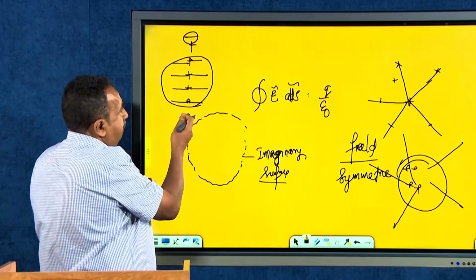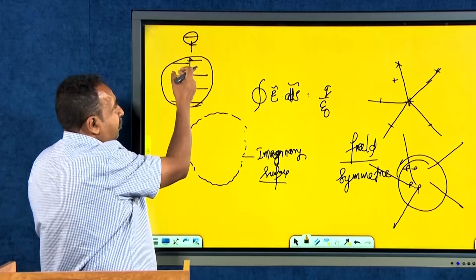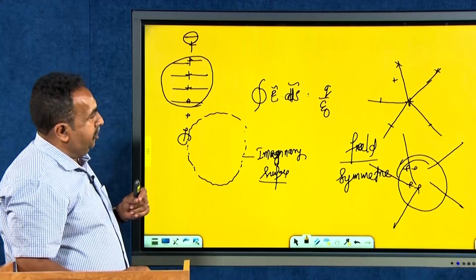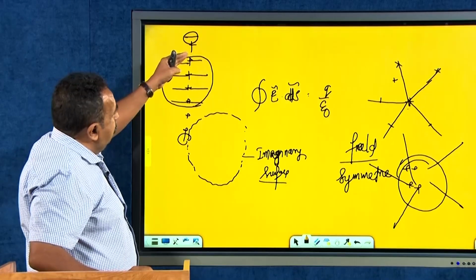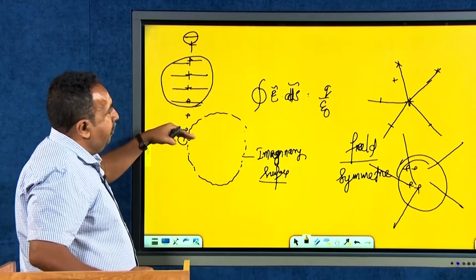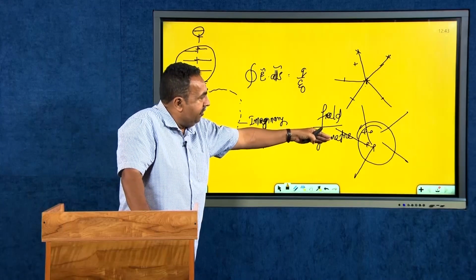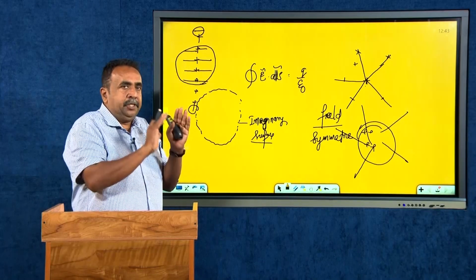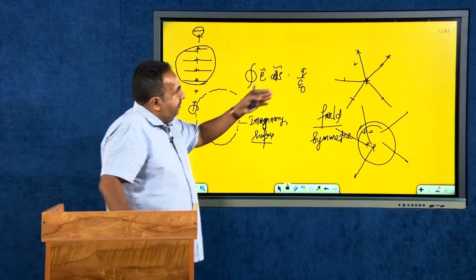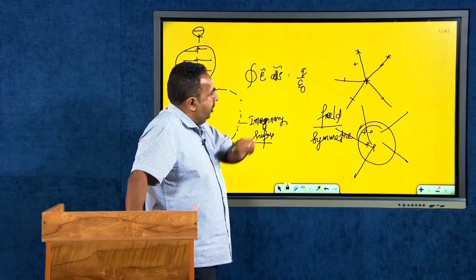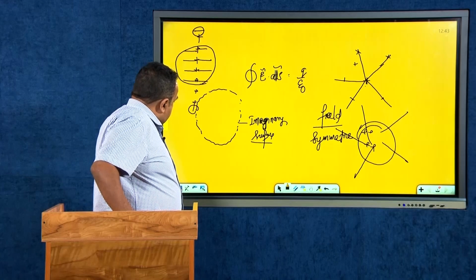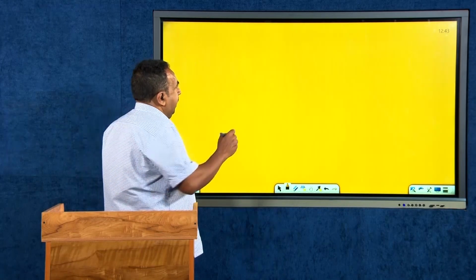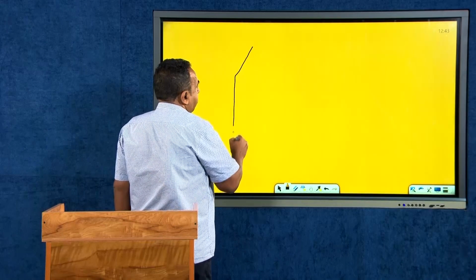So I can apply Gauss's law to find the electric field due to a linear charge distribution limited to a small region, not at the end points. I can find the electric field due to a spherical charge distribution, due to a point charge, and due to a plane charge distribution.